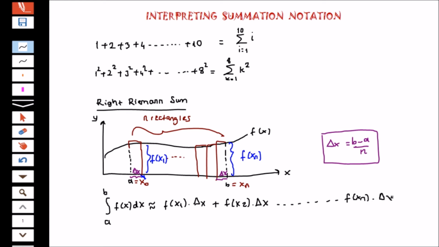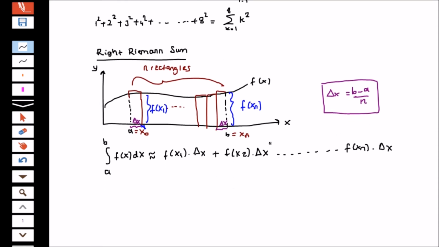times delta x. Nice. Now I would like to write all x values in terms of x0. To write in terms of x0, I need to think about how I can write x1 in terms of x0. x0 plus delta x will give me x1 because the difference between x1 and x0 is delta x. So I wrote here x0 plus delta x.